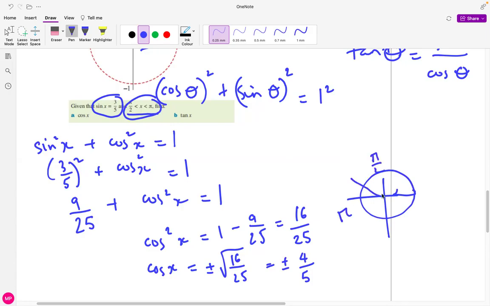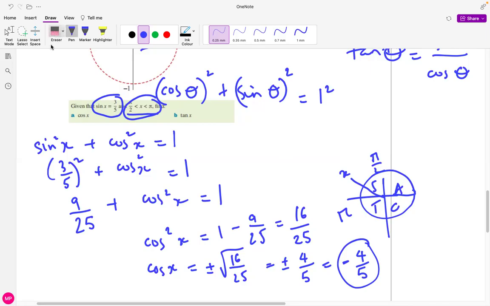So the angle x is in between these two. So in this question, cos is ASTC, right? So in the third quadrant, cos is negative. So I know I pick the negative answer. So negative 4/5. That will be the answer for part I.